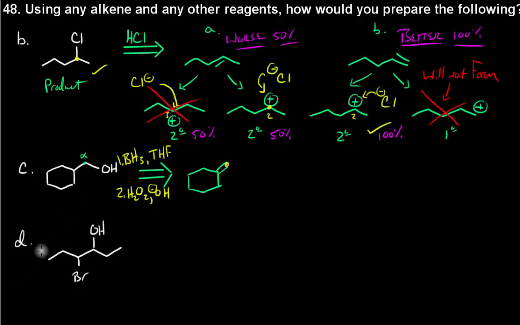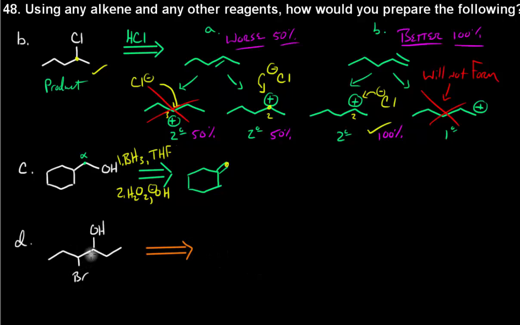Okay, so sub-question D, we are forming a halohydrin. Just like with the last question that we did, we're going to end up forming our halohydrin from alkenes. So we're going to do a retrosynthetic analysis right here. I'm going to draw our retrosynthesis arrow.